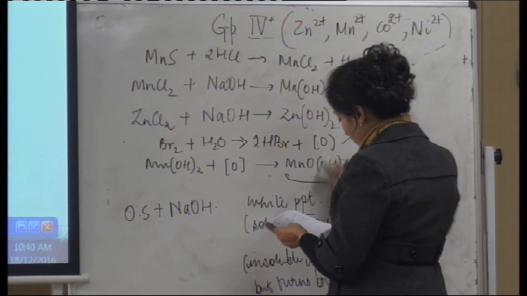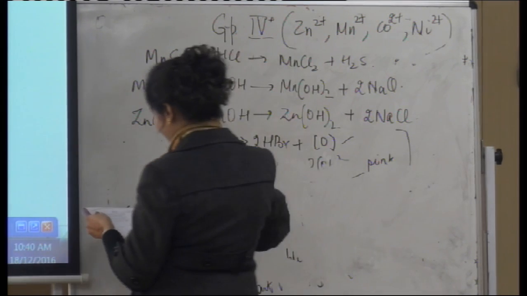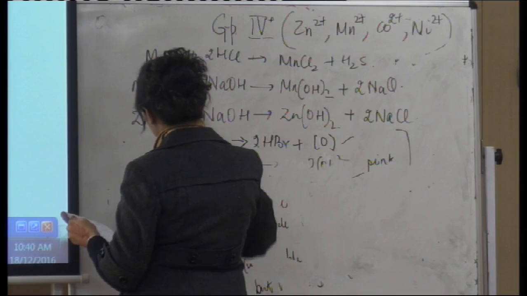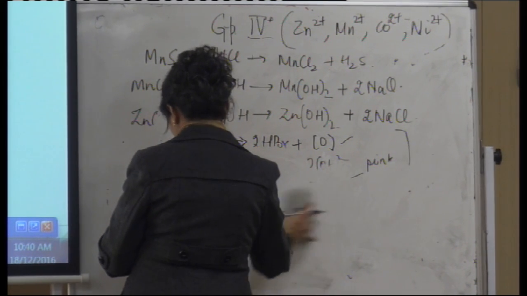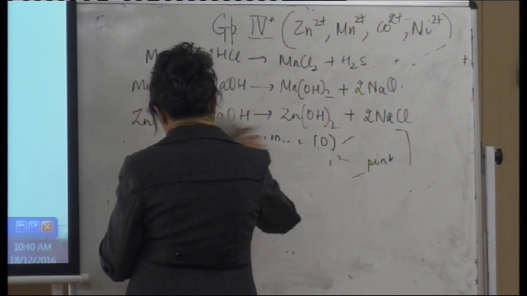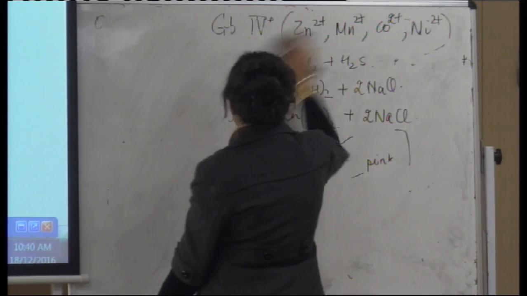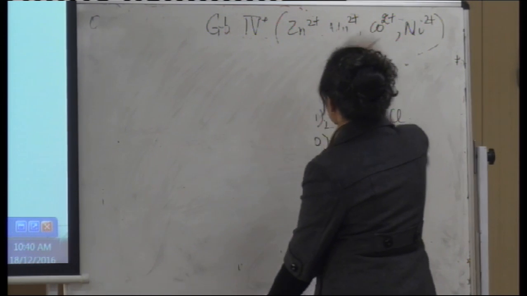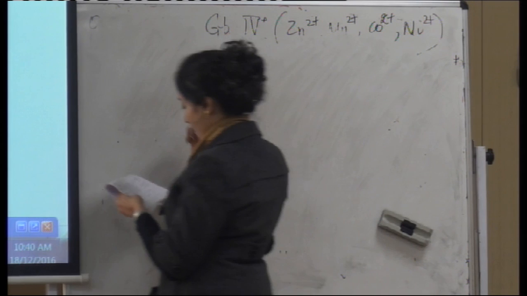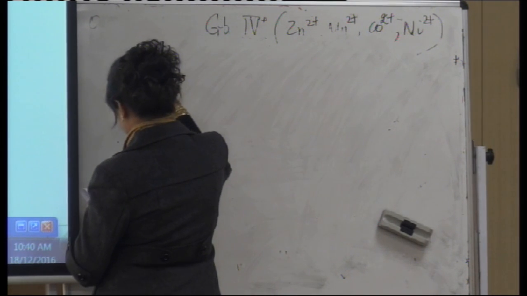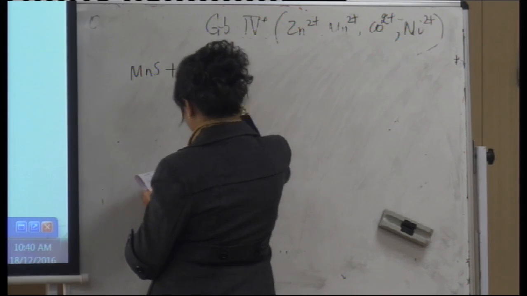Then there is a PbO2 test also. In the PbO2 test, say you have manganese sulfide, MnS plus 2HNO3.